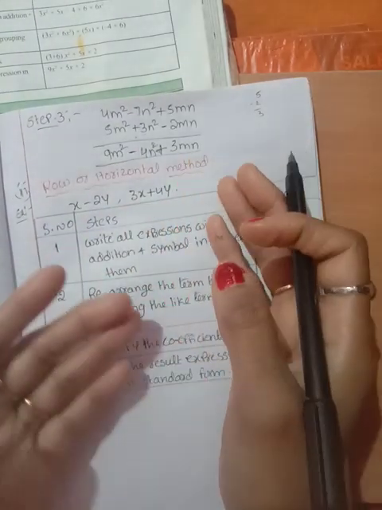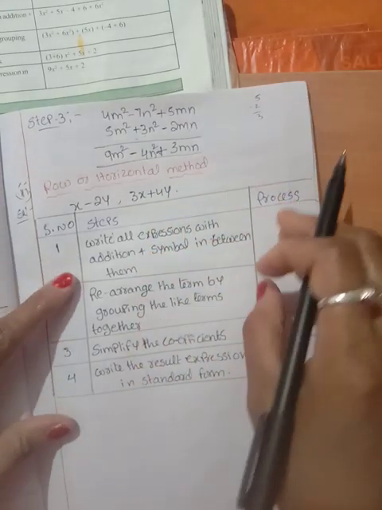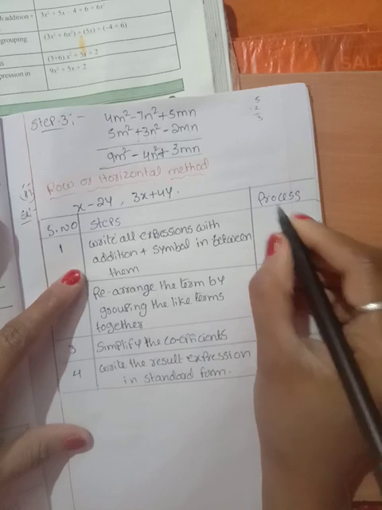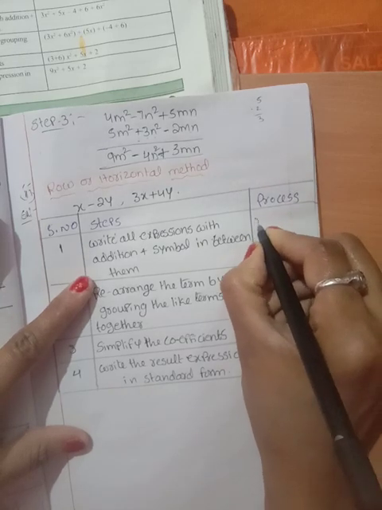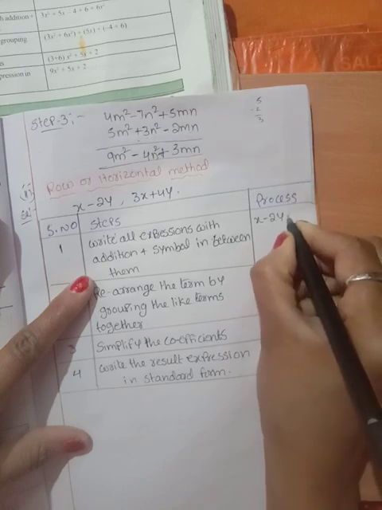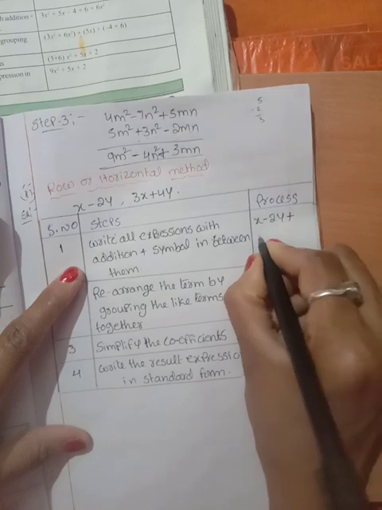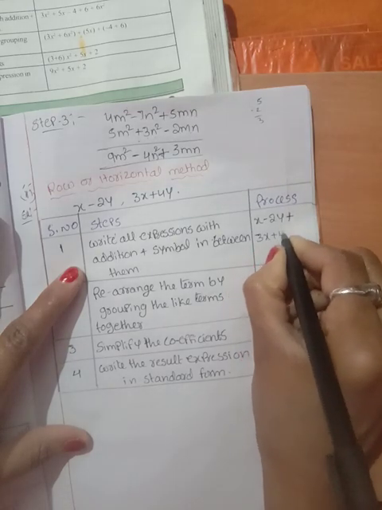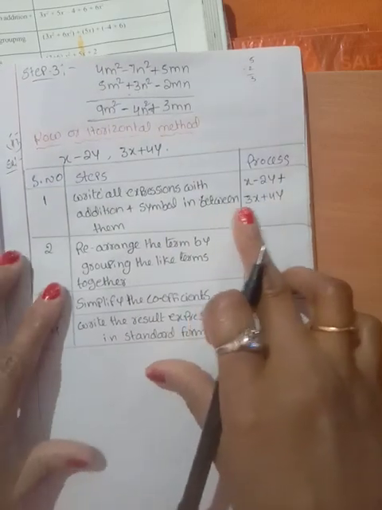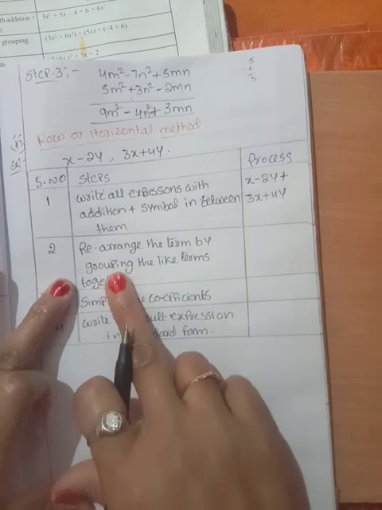If there are 3 or 4 expressions, you still write the plus symbol between them, one expression between the other expressions. Both are already in standard form, so write 3x plus 4y. All expressions are joined using the plus symbol in between them. Then step 2.